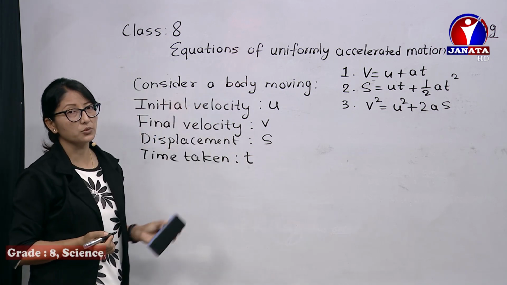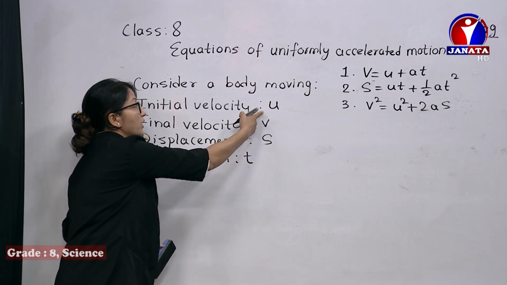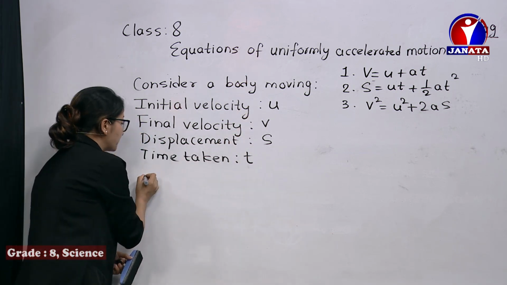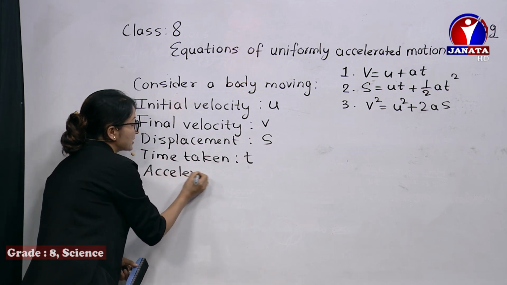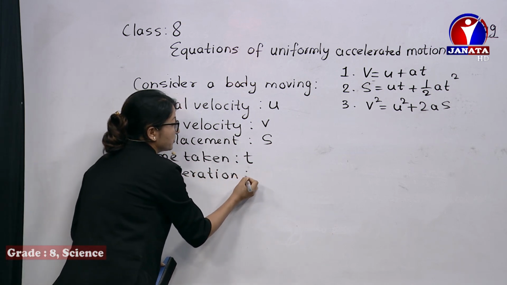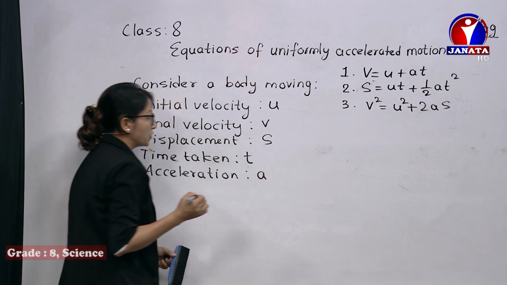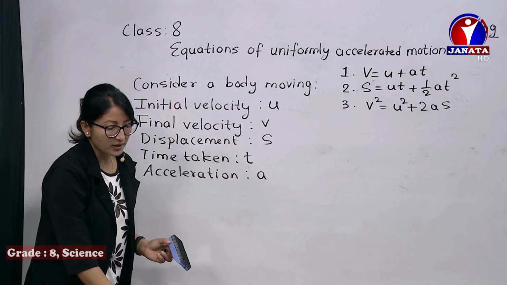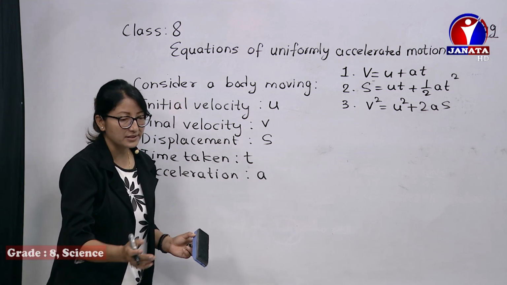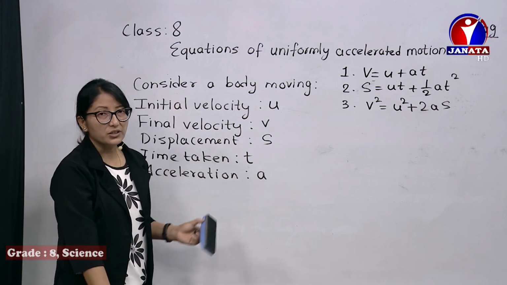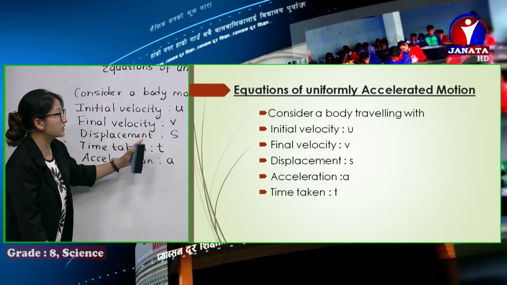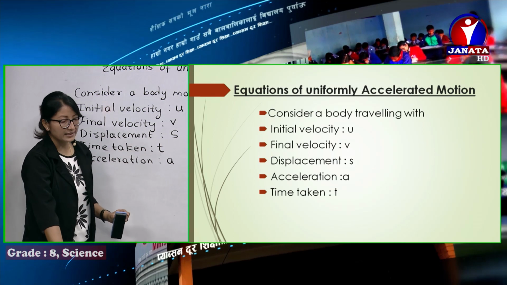In the beginning, the vehicle was traveling with velocity U, and finally its velocity is V in certain time T. Let's denote its acceleration by A. You can check the same thing in the slides also. A body traveling with initial velocity U, final velocity V, displacement S, time taken T, and acceleration A.